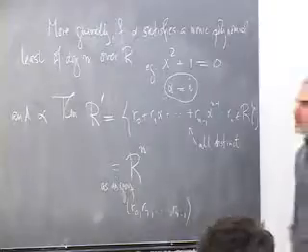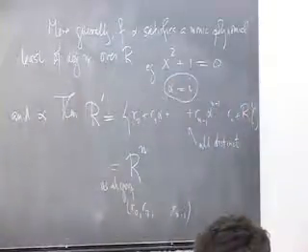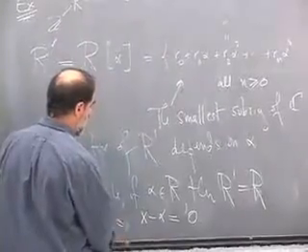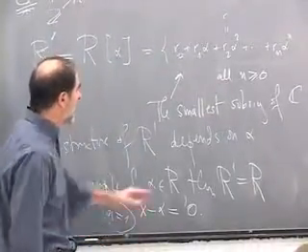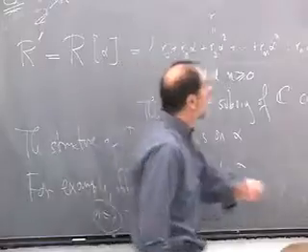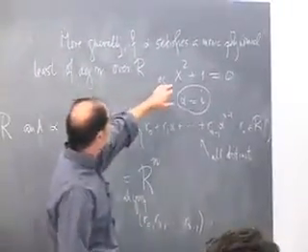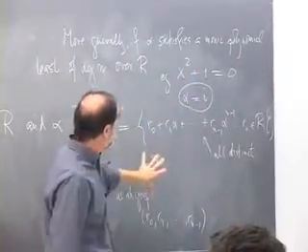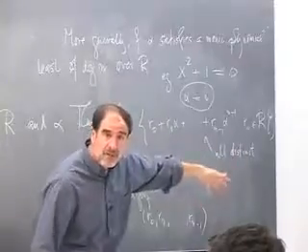So if the element is in R, then it satisfies a linear polynomial. That's of degree 1. That's the smallest polynomial it could possibly satisfy. So you just get one copy of R. But if it satisfied a polynomial of degree 2, then this ring would look like two copies of R with a multiplication.